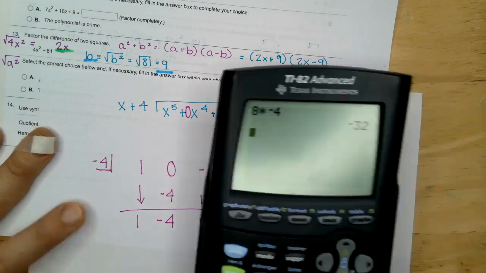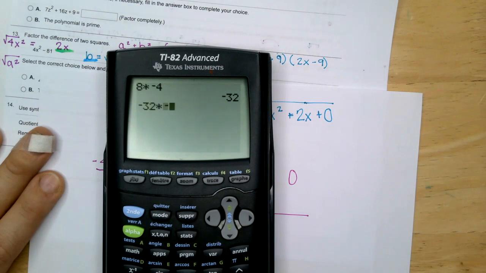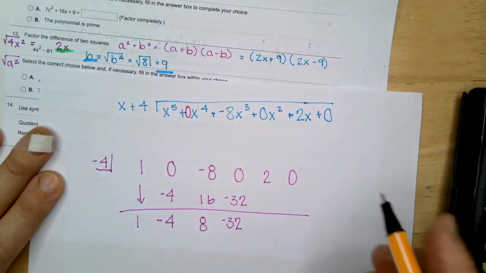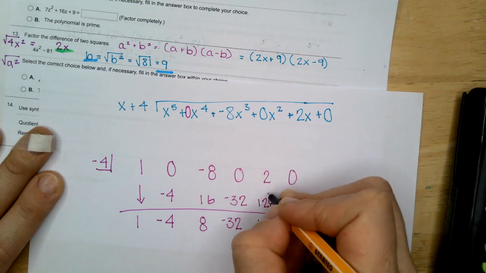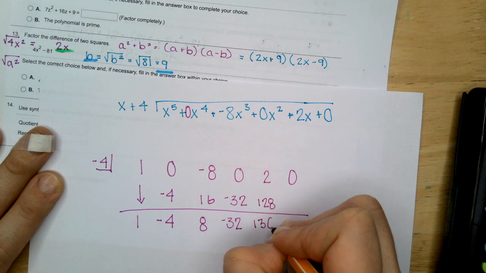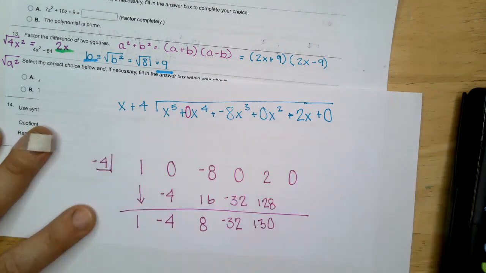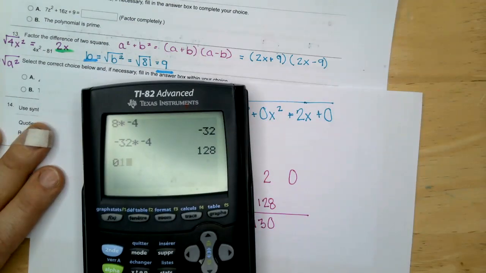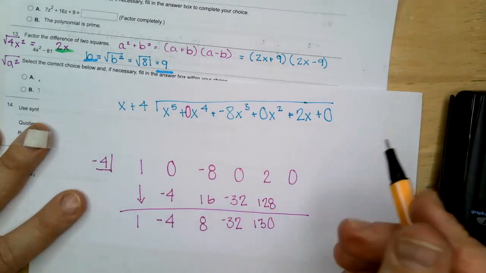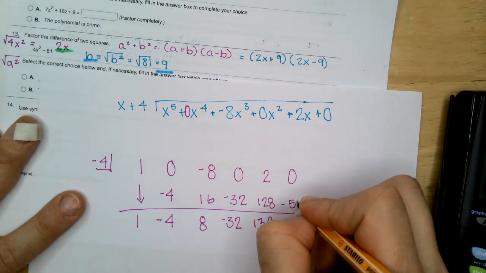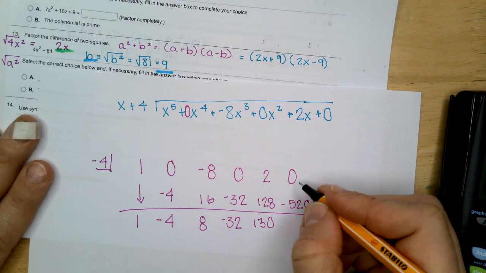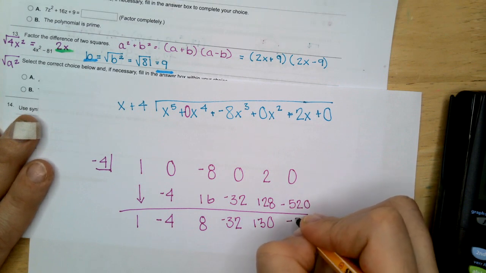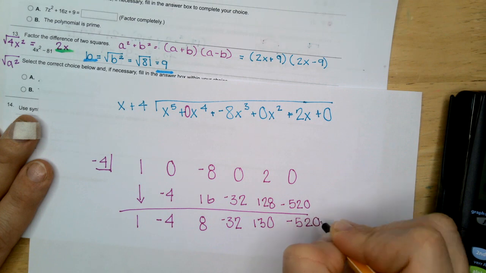Negative 32 times a negative 4 is 128. 128 plus 2 is 130. 130 times negative 4. Don't be scared. You didn't do anything wrong. Negative 520. Negative 520 and 0 leaves us with a negative 520. Okay?